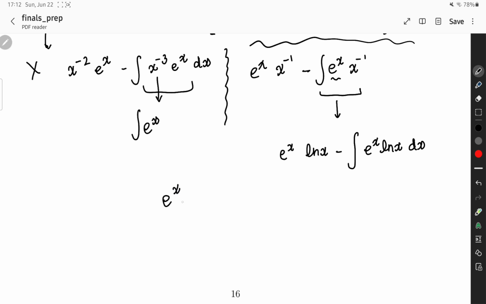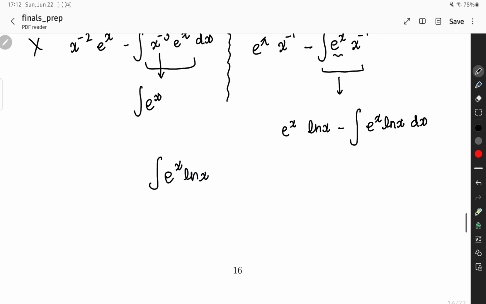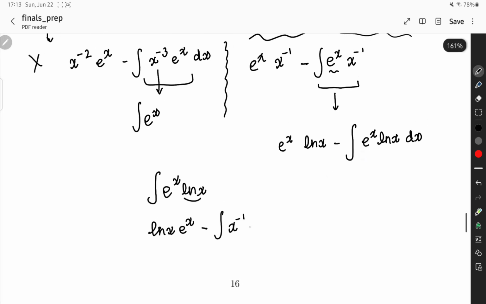So for e to the x ln x, if we take the integral by parts, this time we'll keep the logarithmic one first. So ln x times e to the x, and what is the derivative of the natural log? It is of course 1 over x. So it's going to be x inverse e to the power x dx.